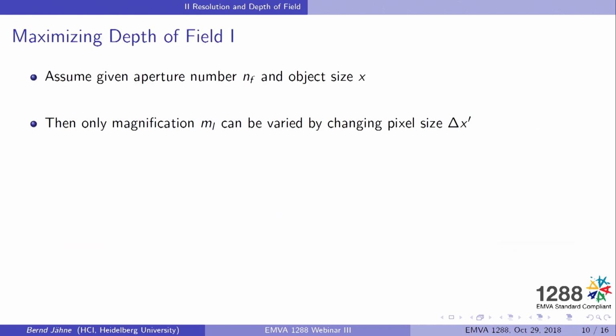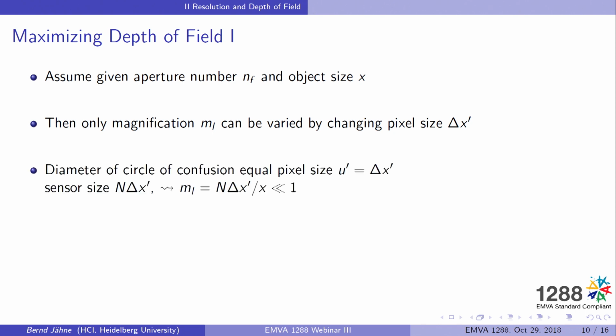And let's do some calculation about that. If we change the pixel size, that changes the magnification, and we assume the following, that the circle of confusion, this u prime, is equal to the pixel size, delta x prime.